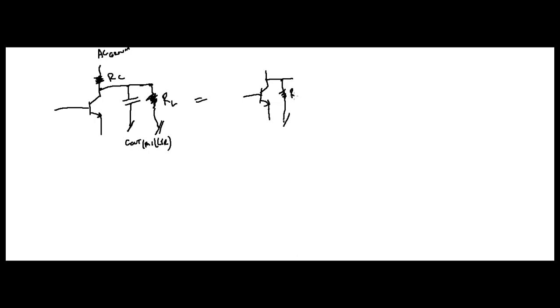And this is RC. Remember, RC over here, it was from your collector, and then it was connected to AC ground. This is the same thing. It's starting at your collector, and it's going to AC ground, or simply ground, right? Okay, so we just moved this. We didn't change anything. We just moved it, okay?